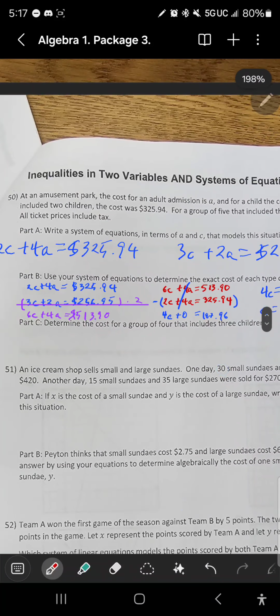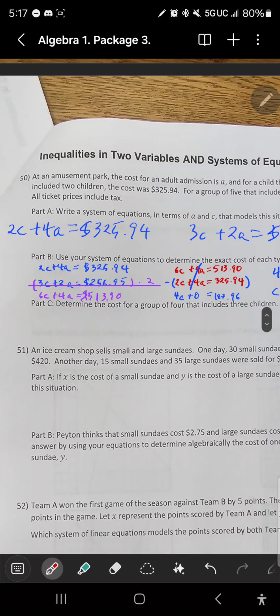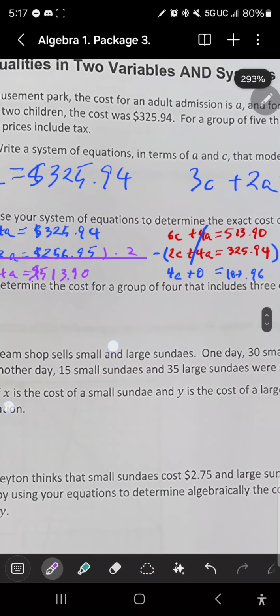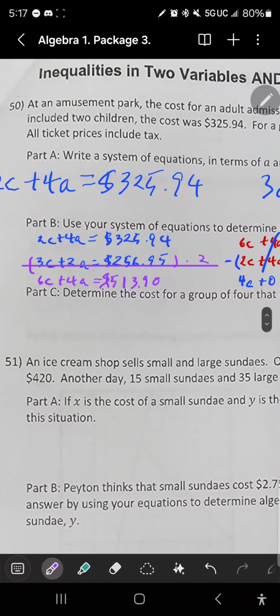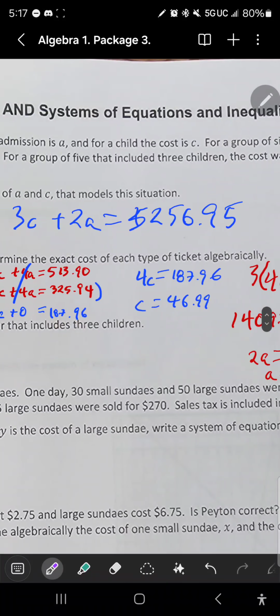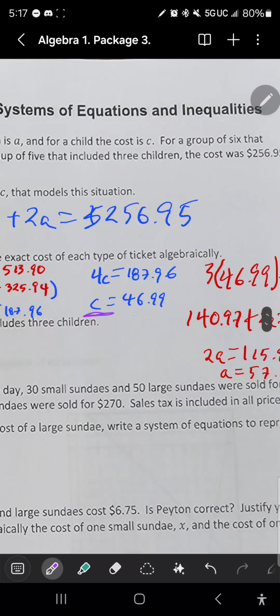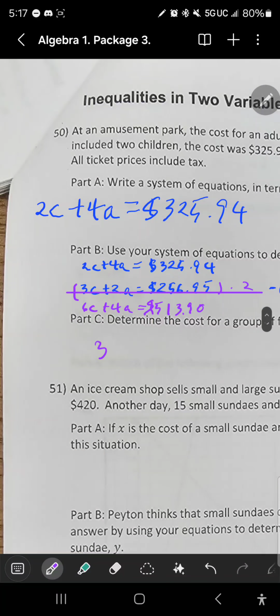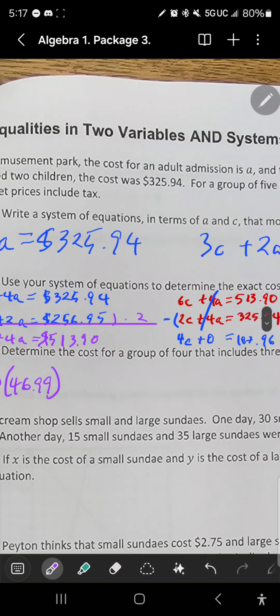Now let's see. Determine the cost for a group of 4 that includes 3 children. So this basically, we have children's, and I just calculated that the C is 46.99, so 3 children, 3 times 46.99, plus, now, it's a group of 4 and we already have 3 children, so there must be 1 adult.